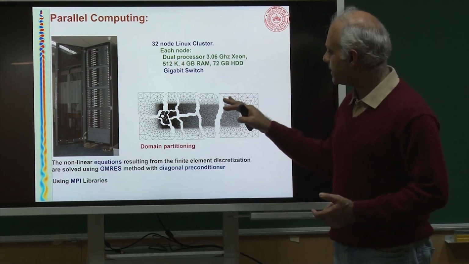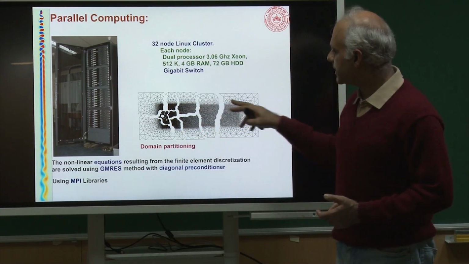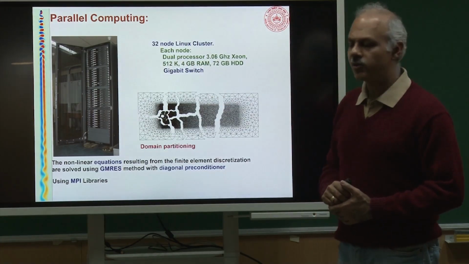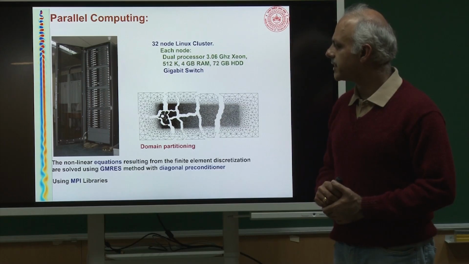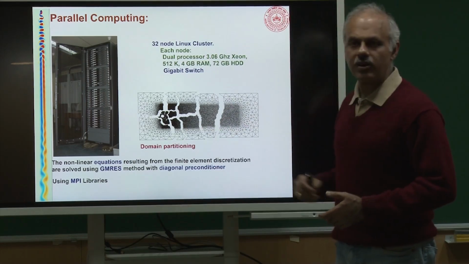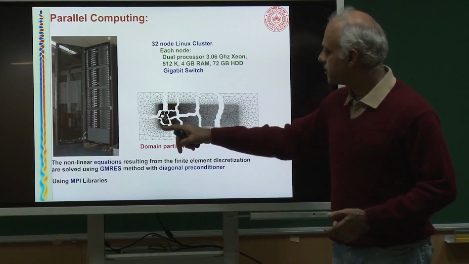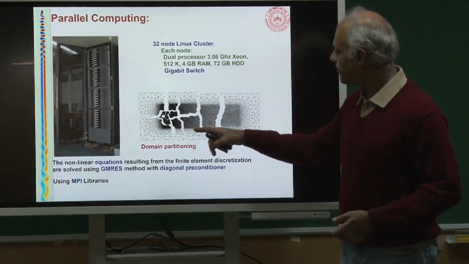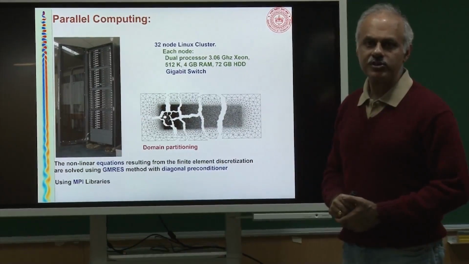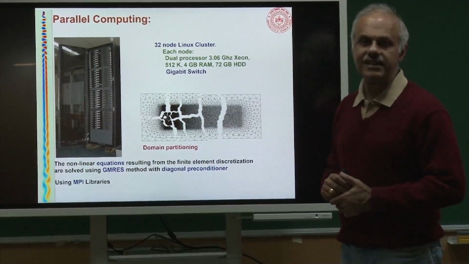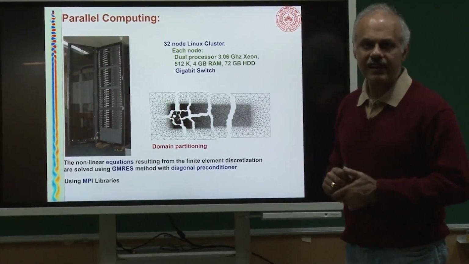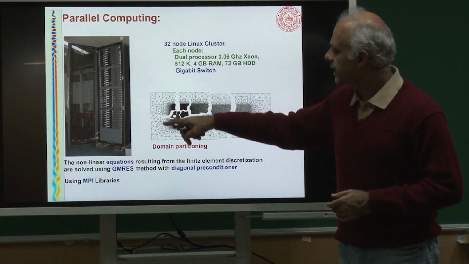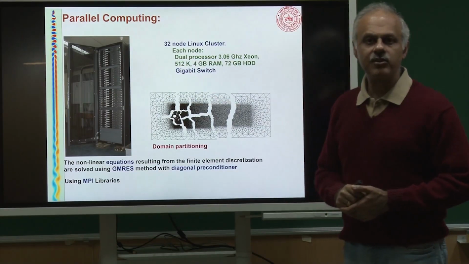You generate a mesh and then you partition it into, let us say, if I have 32 nodes or cluster processors, I can make 32 of these partitions and distribute one each across them, and they all have the same number of unknowns, so that they have roughly the same amount of work and they will all get done together. What I want to do is minimize the communication between these different nodes.